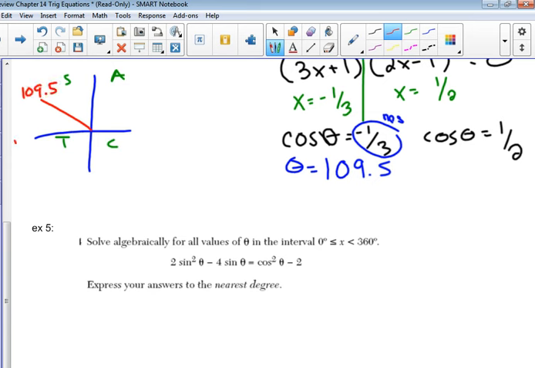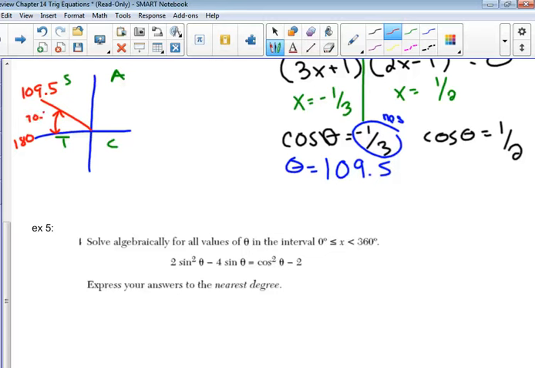So that's good. But this always bugs you guys. How are we going to move into the third quadrant? What do you need to find first? Yes, you got to find the reference angle first. So we need to figure out the distance between these two. 70.5, great.